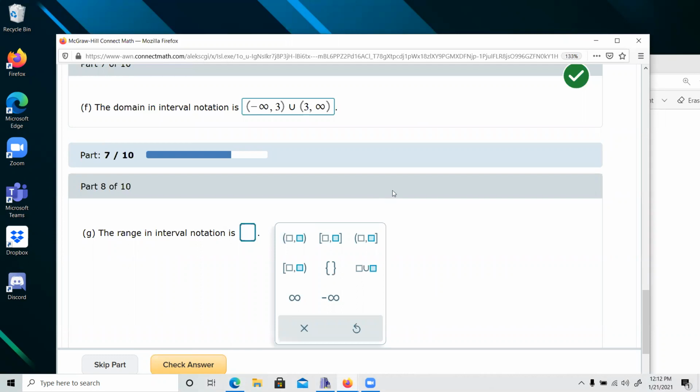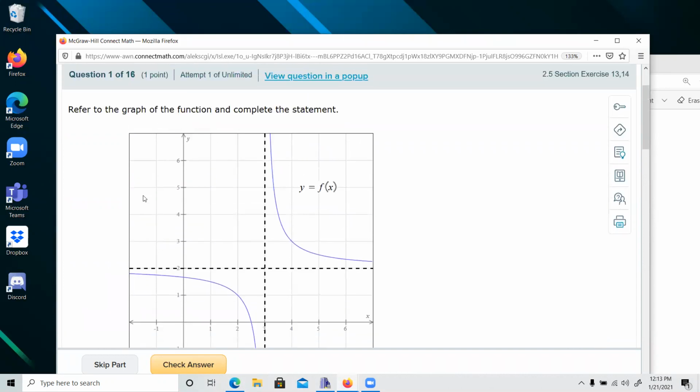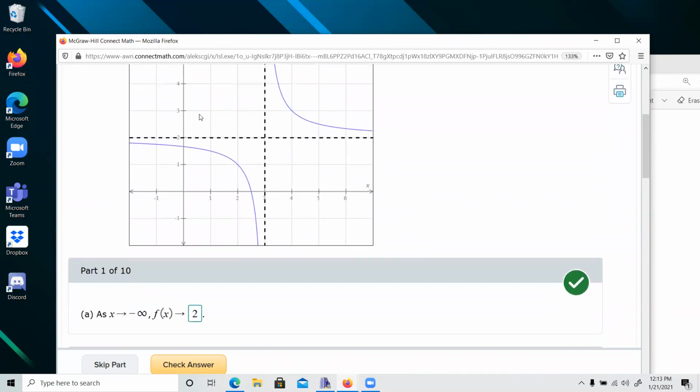Okay, the range. I always hate asking about range unless you have a graph. So what are all the y values? The range is all the y values except for, well, there's all the legal values of y. And it looks like it never actually gets to 2. Now you can't be 100% sure because, like I said, these functions can cross a horizontal asymptote, but I'm gonna guess that if they had one of those weird features, they would have showed it on the graph.